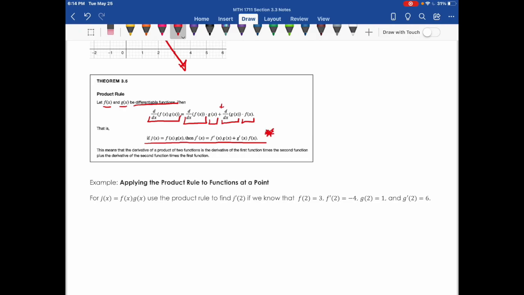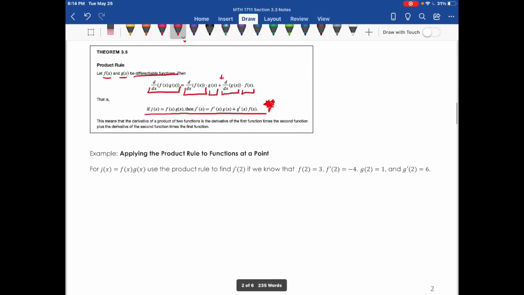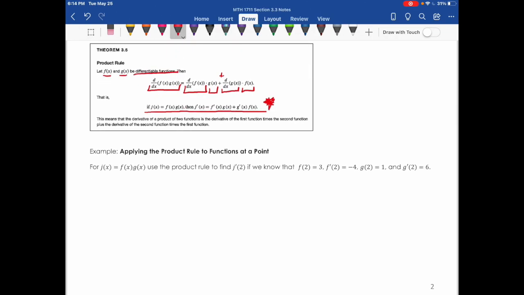Here is the notation using the prime notation. This is my preference of looking at the product rule. I think it's less messy and easier to read. So this prime notation is what I'm going to use.